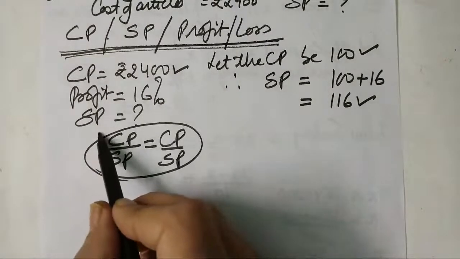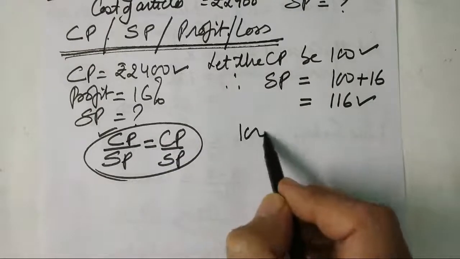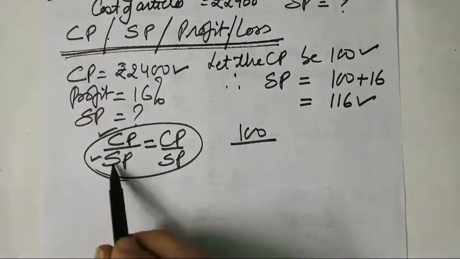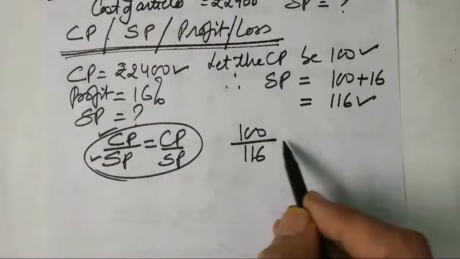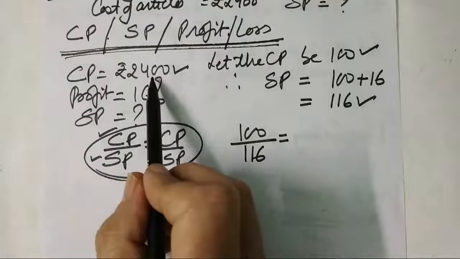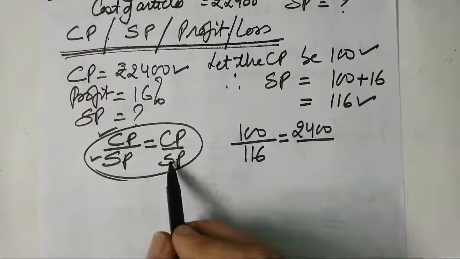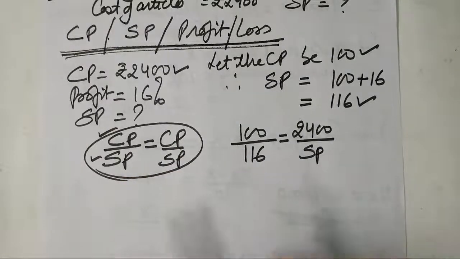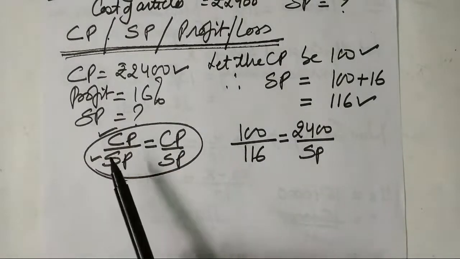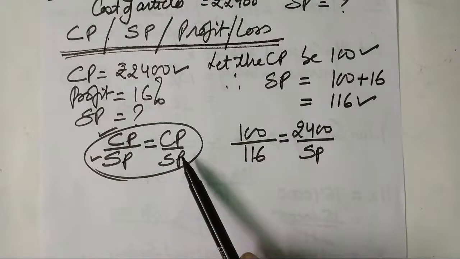Now I am putting this cost price as 100, this selling price as this 116. This CP which is on the right hand side will be this number, and upon SP, the SP which we have to find. That's all. So once again you see the formula is CP upon SP is equal to CP upon SP.